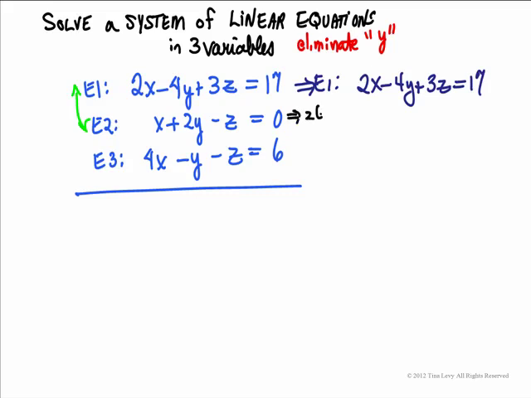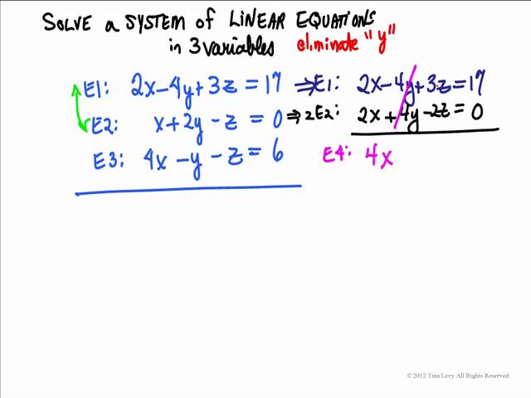So 2 times equation 2 gives me 2x, 2 times 2y is 4y, 2 times negative z is negative 2z, 2 times 0 is 0. Using the process of elimination, the y is eliminated, and this new result I call equation 4. And it is 2x and 2x, 4x, 3z and negative 2z is positive z, 17 and 0 is 17.